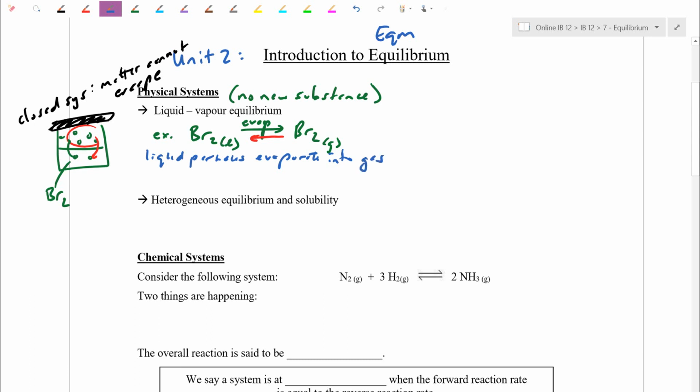And then in the reverse, gas species collide with the surface, and in this case, if you remember in chapter 5, that's an exothermic process, losing energy to condense. Right. So as gas becomes liquid, we end up using up the energy.